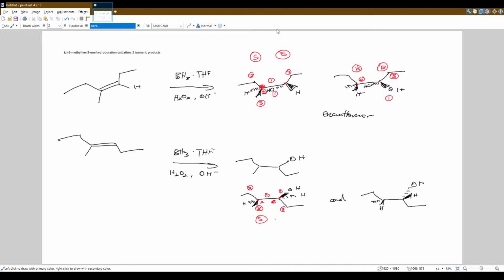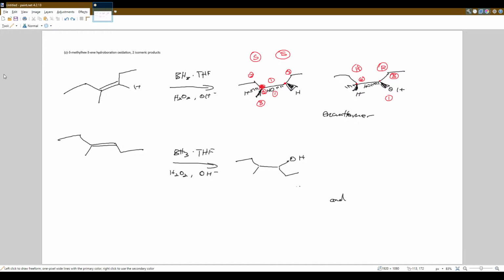Did I even draw the stereochemistry? No, I didn't. I already messed up. That revealed how I messed up. Okay, let's redraw this, because no way they both have the same stereochemistry. That doesn't make any sense. The hydrogens have to be on the same side. Syn addition.